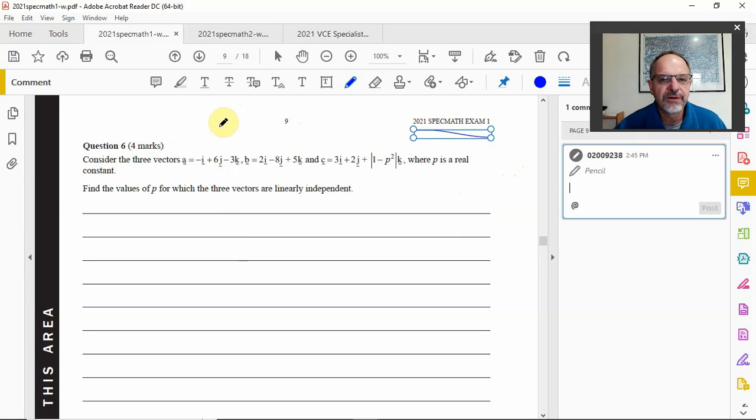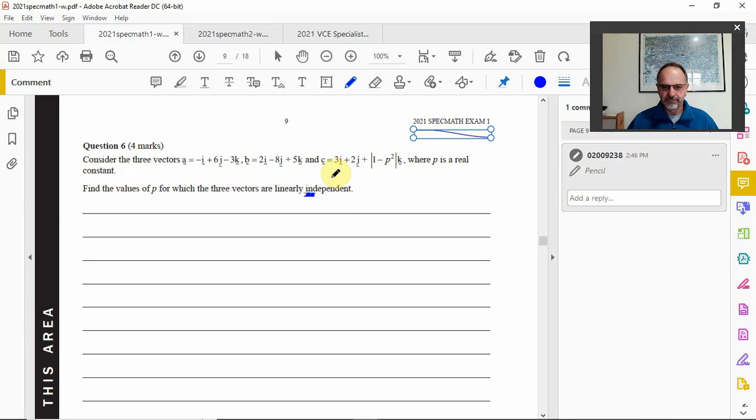All right, so we've got 3 vectors, A, B and C, and C has this variable p, and you're told it is a real constant. The question asks us to find the values of p for which the 3 vectors are linearly independent.